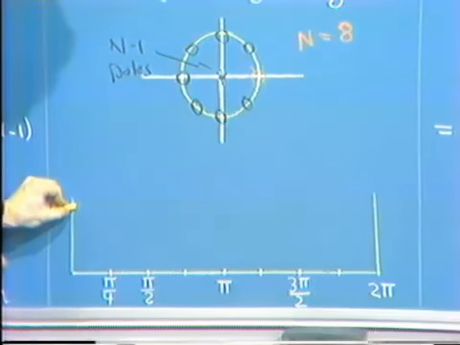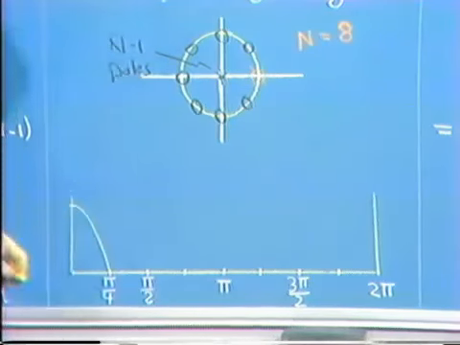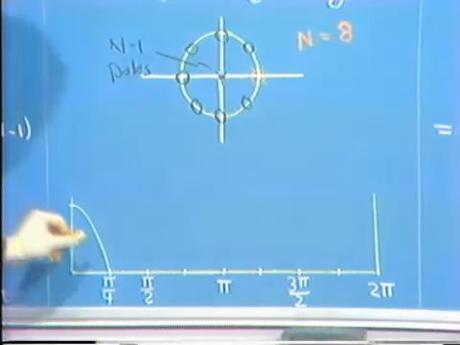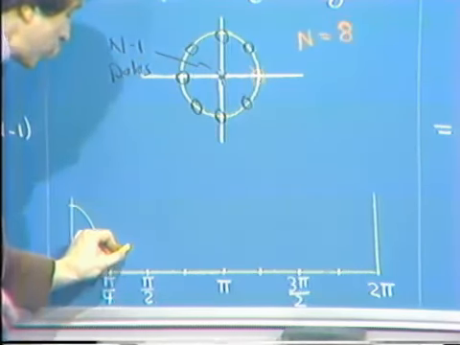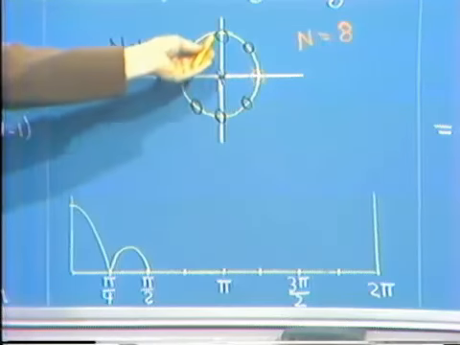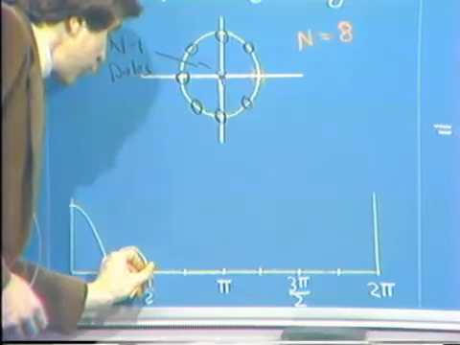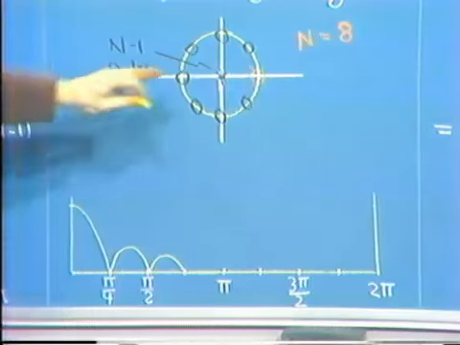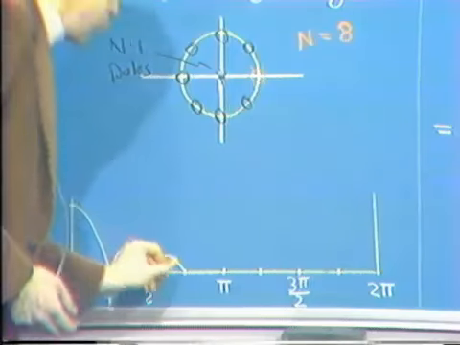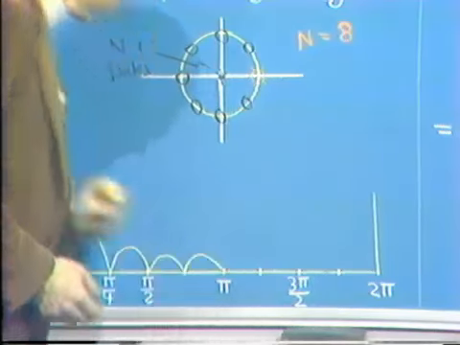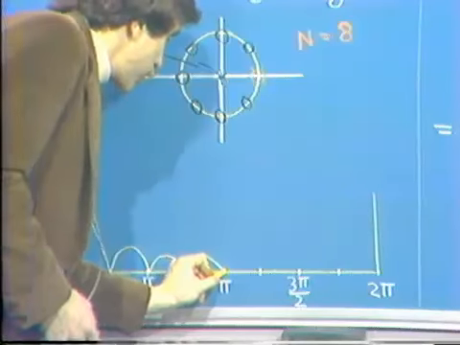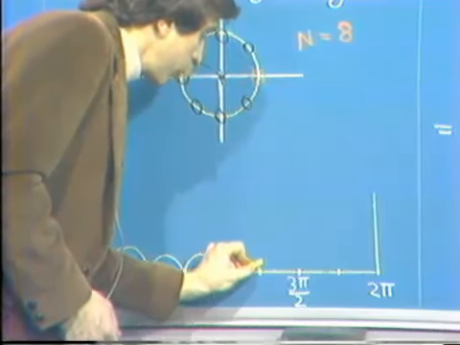Consequently, the frequency response starts at some value and, of course, goes down to 0 at pi over 4. That's because of this 0. Then it comes back up again, but not quite as far, and then goes back down to 0 at pi over 2. Then it goes up again and comes down again, goes up not quite as far, and that's not particularly obvious geometrically. And then the same thing again, going to 0 at pi. And then, of course, as we come back around the unit circle, we see the same type of behavior repeated again.